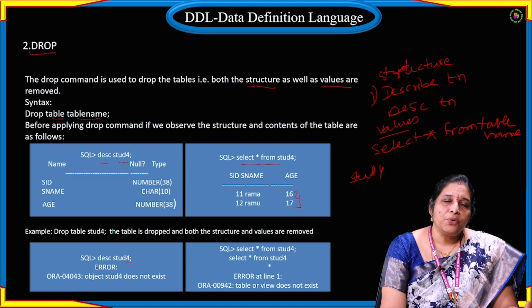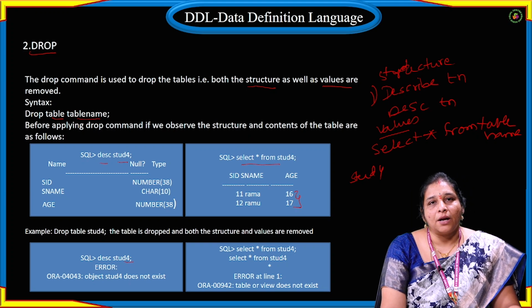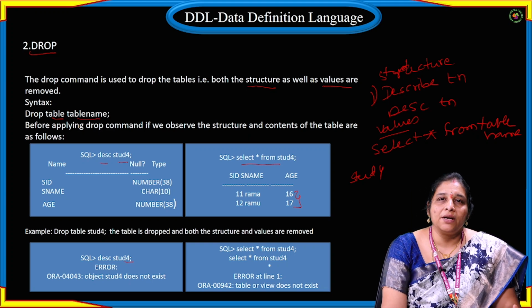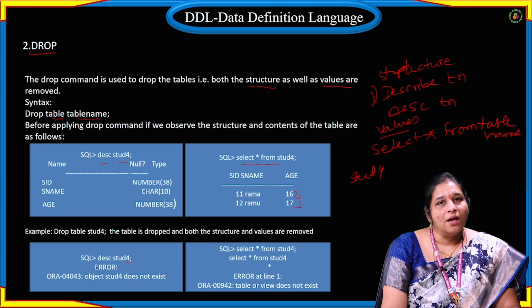In that case, I don't want it to be saved in the database because that entire thing has been completed. I don't want to waste the memory by dumping so many values. So, I am trying to remove it from the database. In that case, I can use the drop command.